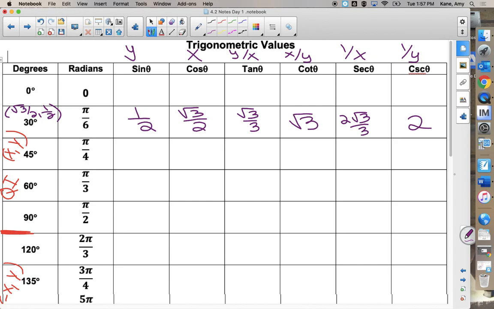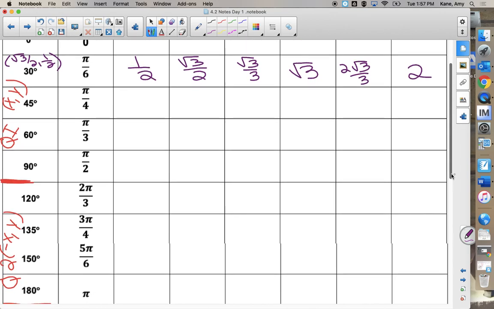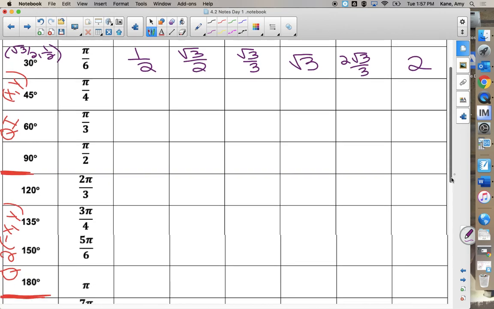So now, here's how the chart works. Go to find your next pi over 6 angle. What's the next pi over 6 angle? 5 pi over 6. So it has to have a 6 on the bottom. So 150 degrees, 5 pi over 6. Are any of the answers going to be different? No. So copy your whole list horizontally.